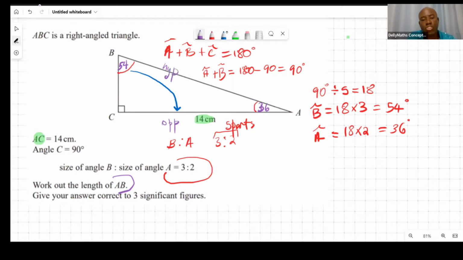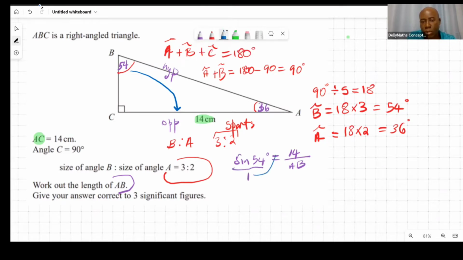So definitely, trig ratios will come in now. The opposite and the hypotenuse is sine. So the sine of 54 degrees is equal to 14, which is the opposite side, over the side that they asked me to find, which is AB. From here, if we transpose or move things around, we could use cross multiplication.